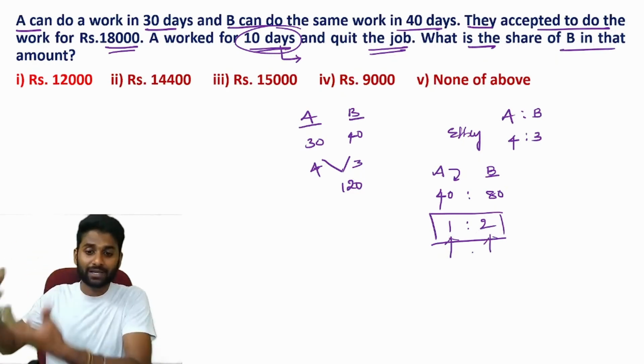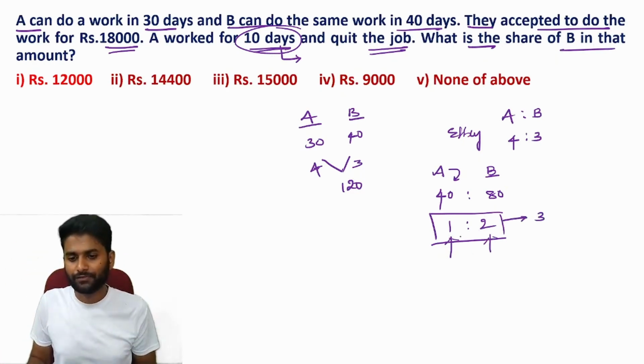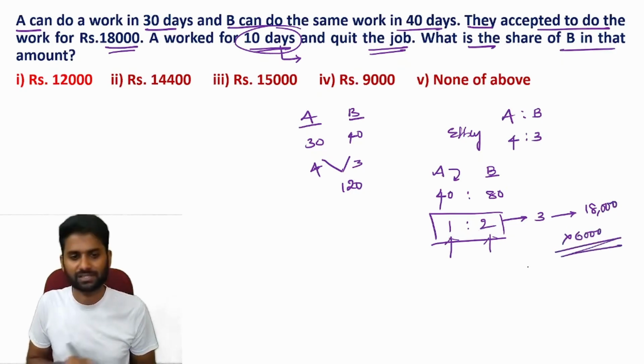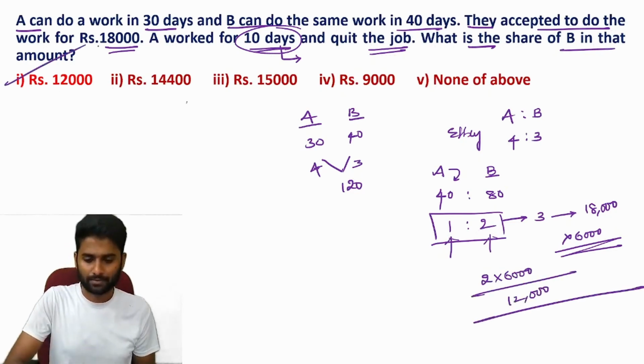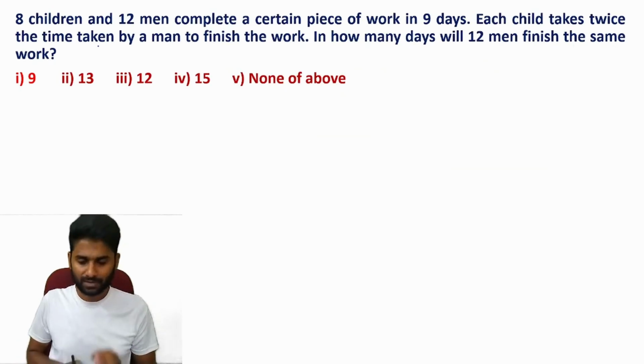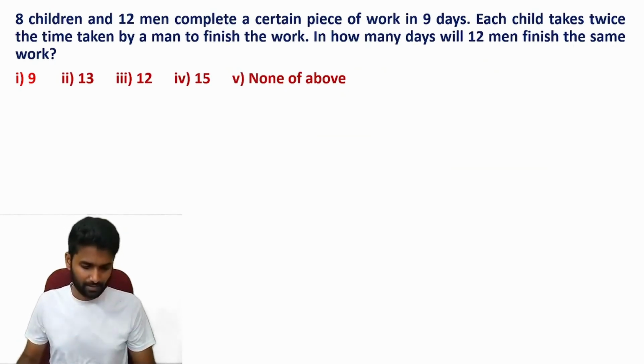Because B completed more units when compared to A. So if the total amount is 3 units, A will get 1, B will get 2. If 3 becomes 18,000, each unit is multiplied by 6,000. Now the question, what is the share of B? 2 units. 2 into 6,000 is exactly equal to 12,000 rupees. Try this question.